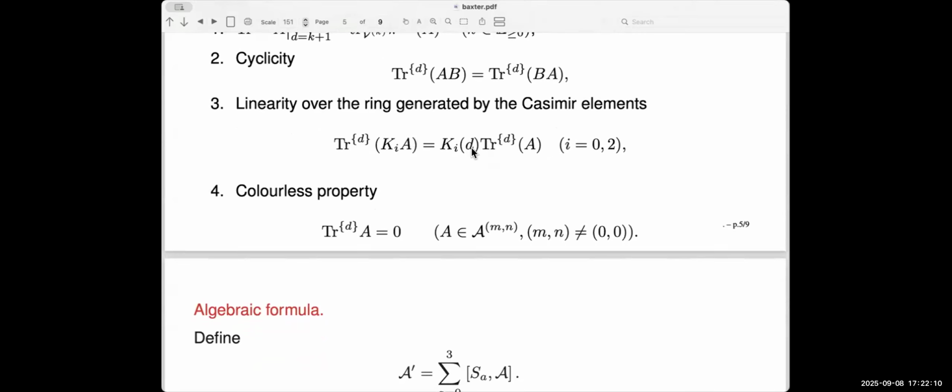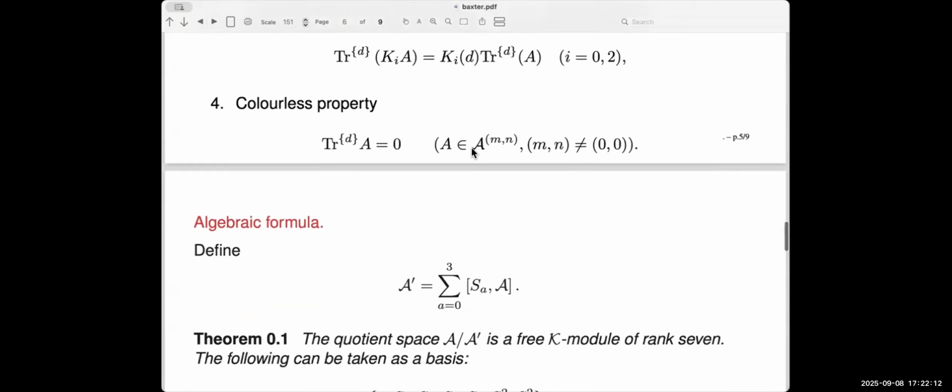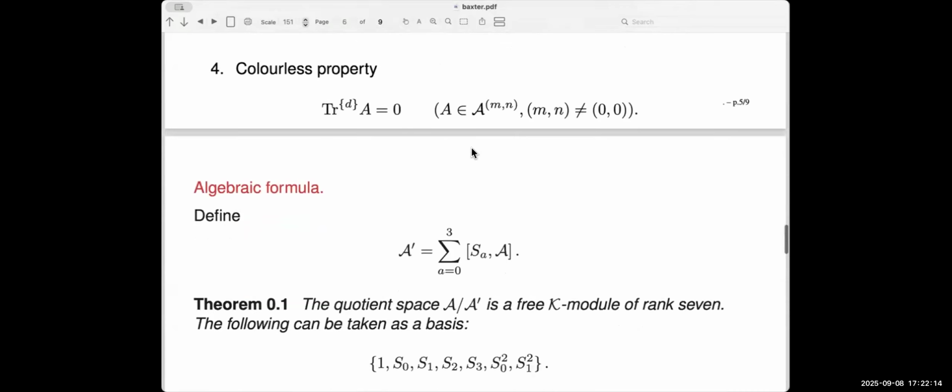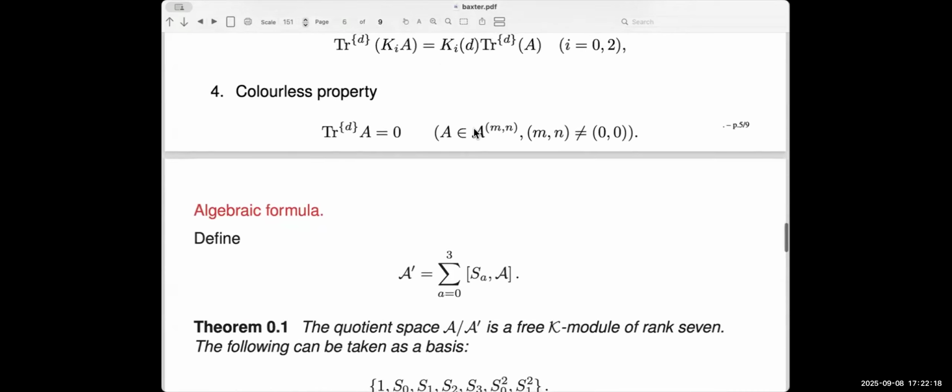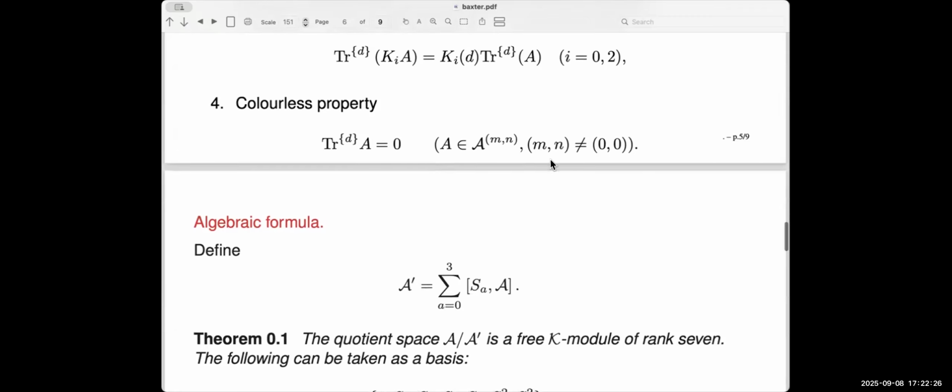And one more thing is that it is colorless. I mean, the trace is zero if the color of this element is not zero.